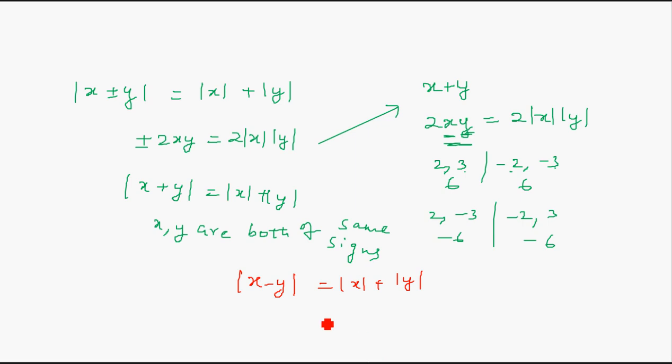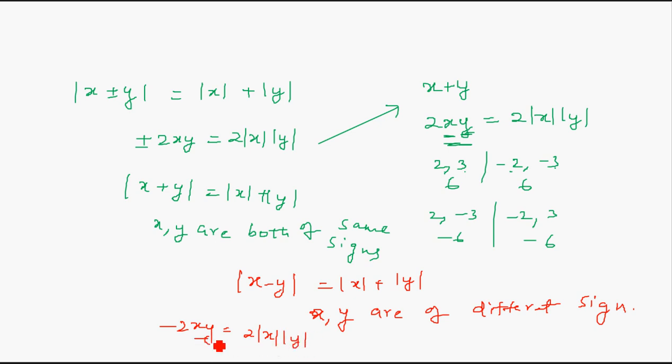This condition will be true when x comma y are of different signs, that is, either x is positive and y is negative, or y is positive and x is negative. So only then this condition will be true. Why? Because minus 2xy should be equal to 2|x||y|, and this will only be true when xy is negative, and xy will be negative when x and y are of different signs, right?